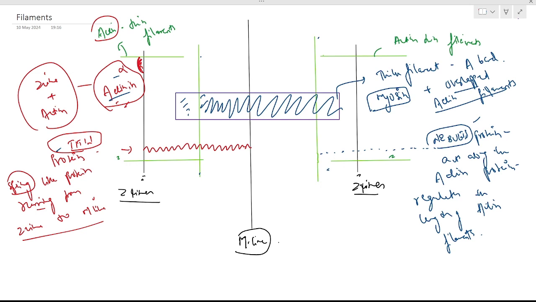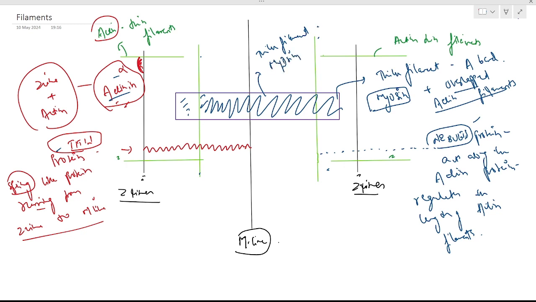Following this, this complete band is our thick filament, which is our myosin.